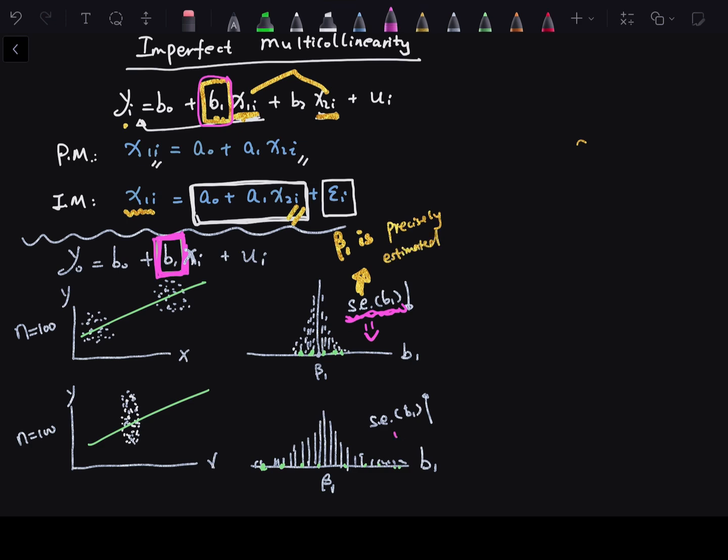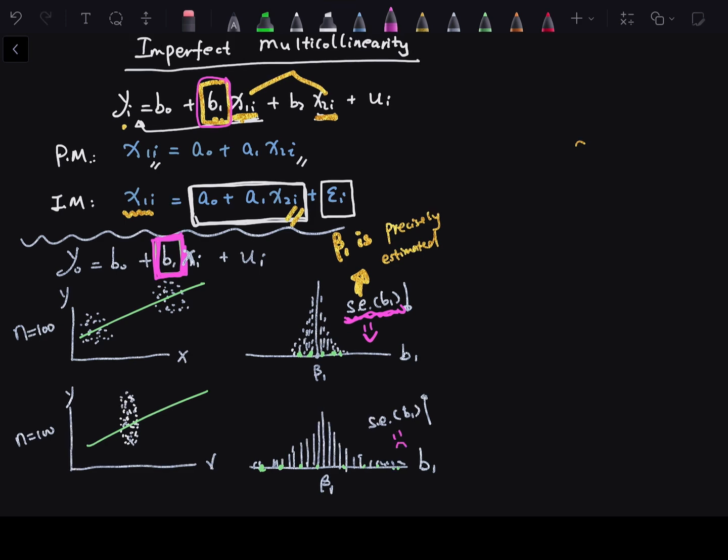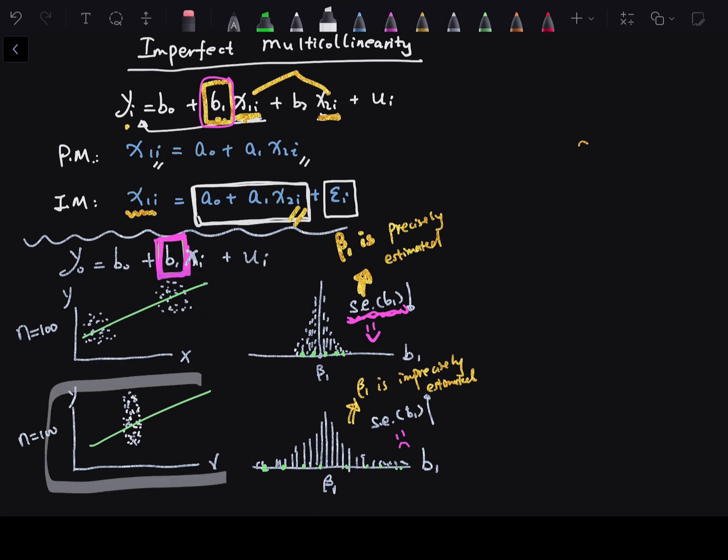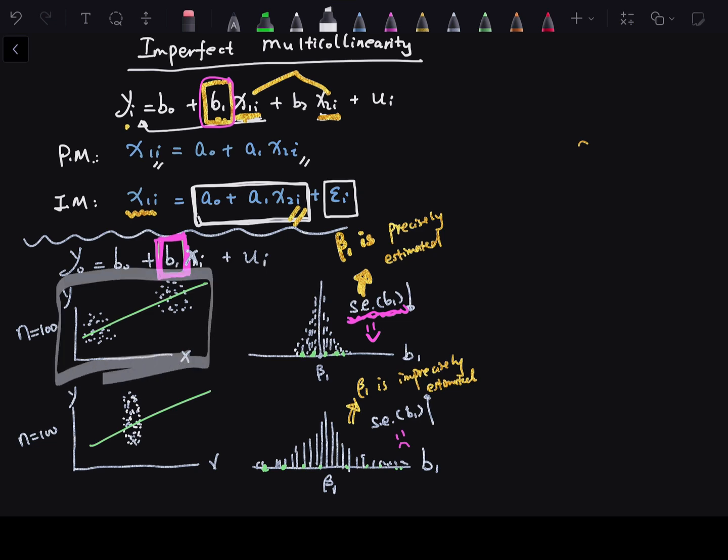If this is the case, compared with the case above, it indicates beta 1 is imprecisely estimated. Which 100 observations can give you a more precisely estimated estimator? This one.